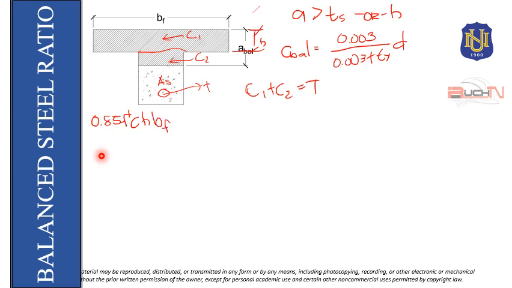So, that is 0.85 F prime C times H times B sub F, plus 0.85 F prime C. So, yung C2 natin will be A value, A balance, minus the thickness of slab or H, times BW, is equal now to AS balance FY.